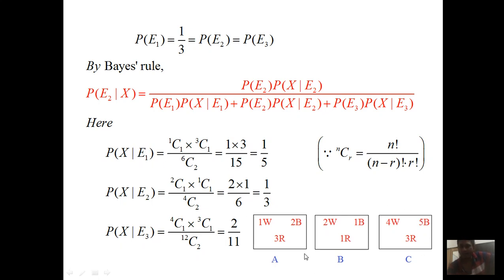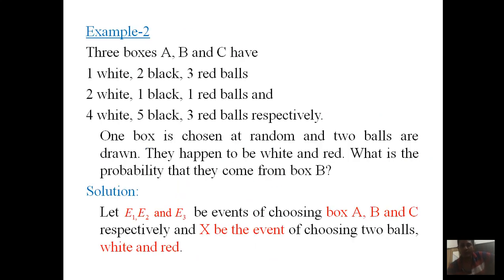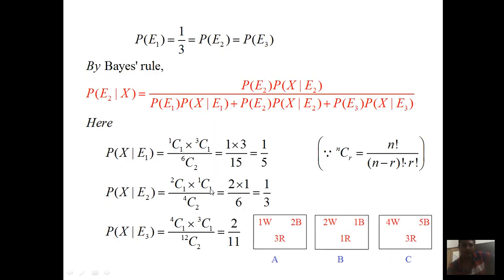The box A contains 1 white, 2 black, 3 red balls. So total box A contains 1 plus 2, 3 plus 3, 6 balls. So in the denominator there are total 6, but out of these 6 we are just interested in selecting 2 balls. So denominator is 6C2.